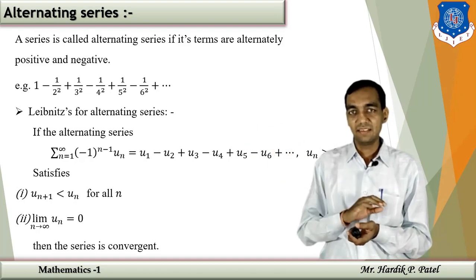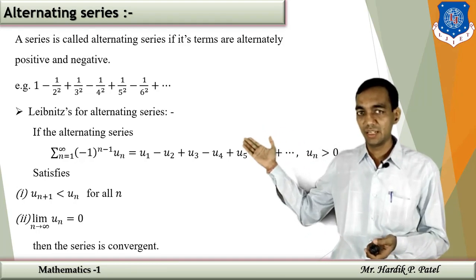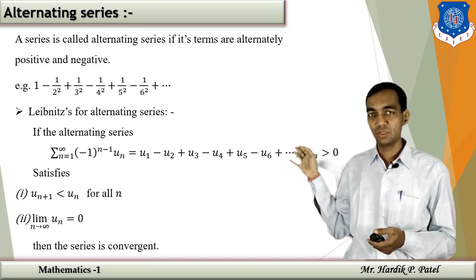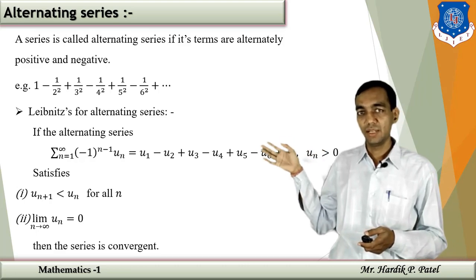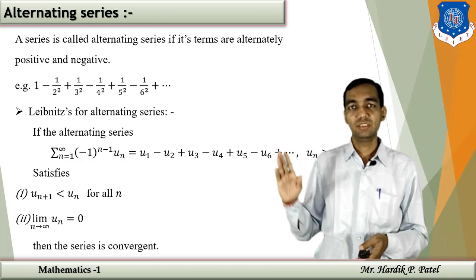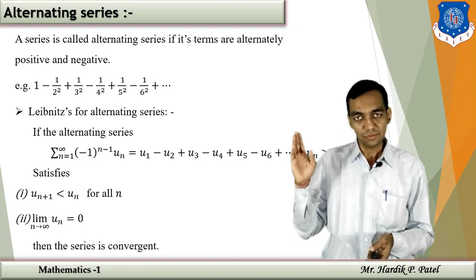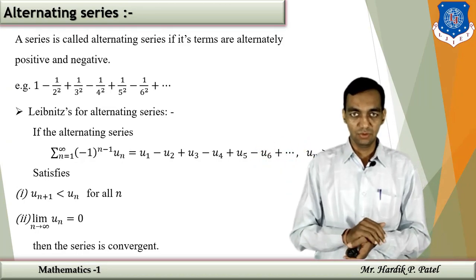For the Leibniz test, suppose sigma (minus 1) raised to n minus 1 into un. That means u1 minus u2 plus u3 minus u4 and so on, where un is greater than 0. That means we are separating the power of minus separately, and the remaining term is a positive term.